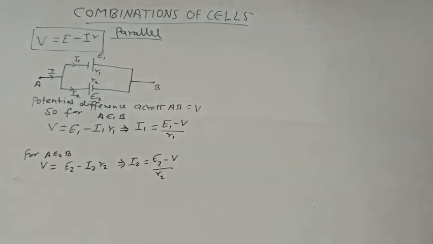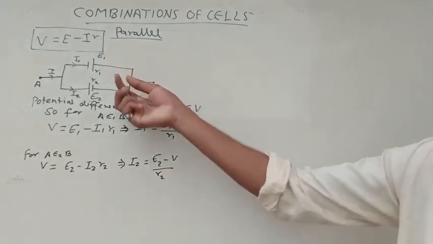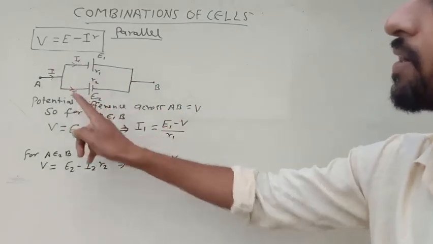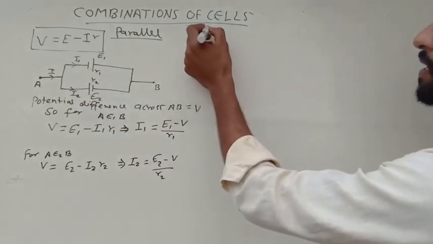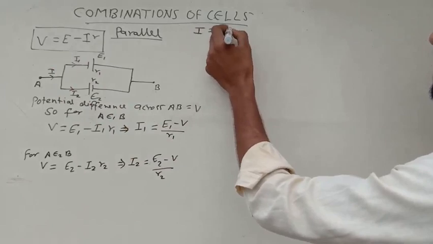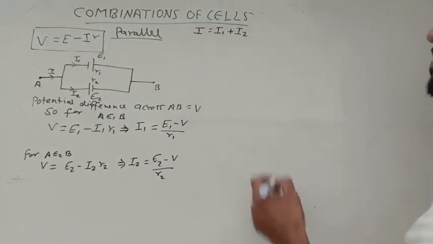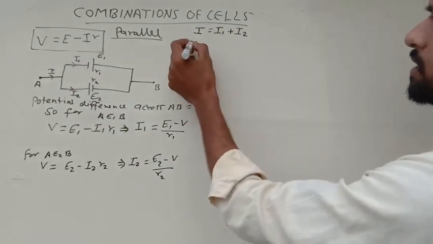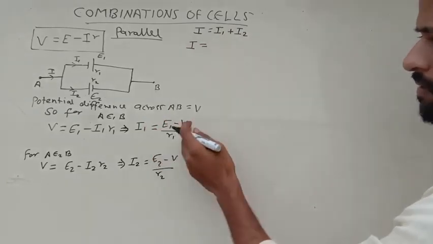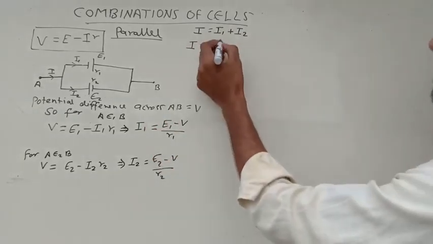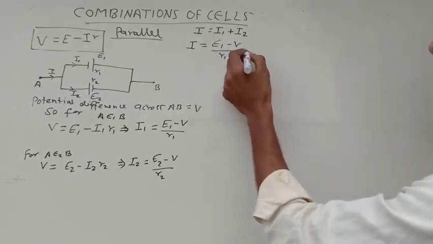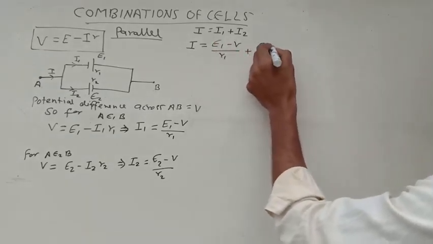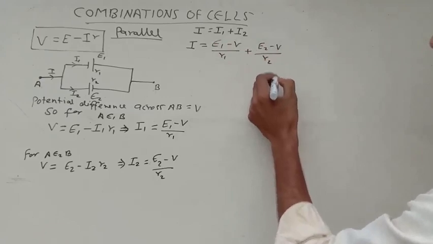From this circuit we know that I is equal to I1 plus I2. So I is equal to E1 minus V upon R1 plus E2 minus V upon R2.